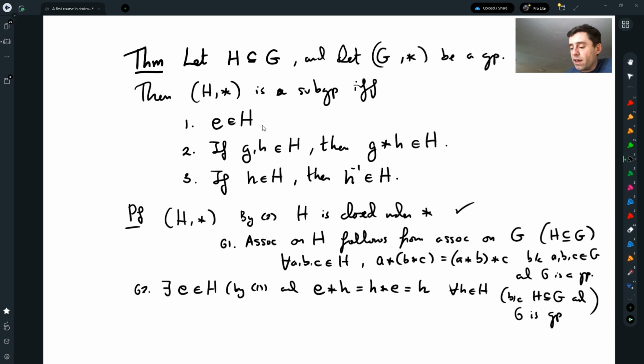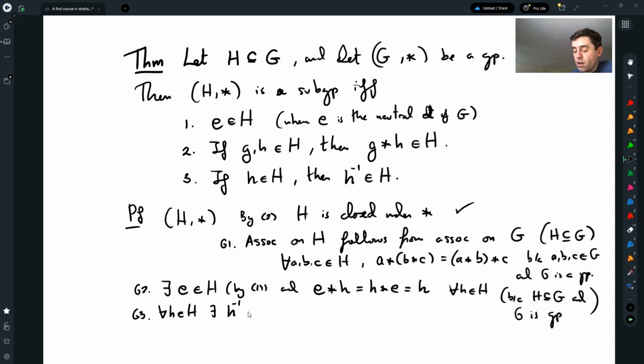Here when I say e is in H, e is the neutral element of G. And last, again, for inverses, for all h in H, there is an h inverse which is in H by 3, by my third hypothesis, and such that h star h inverse is h inverse star h is the identity, because, again, H is contained in G and G is a group.